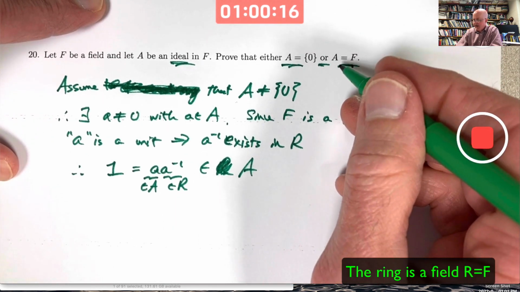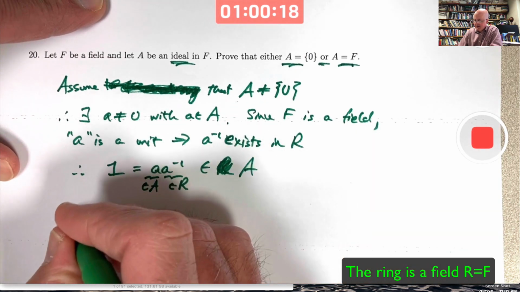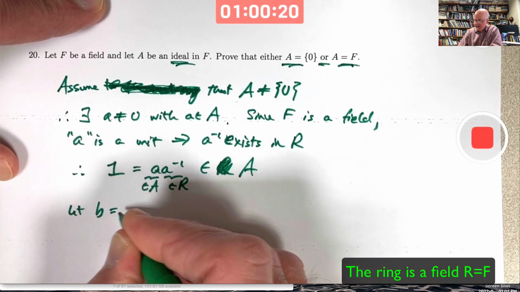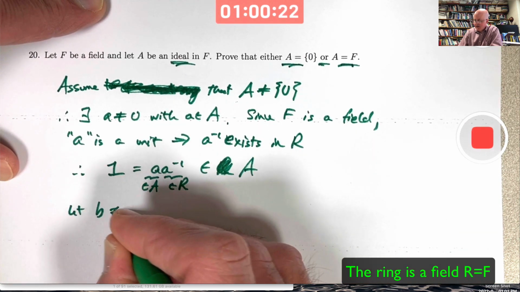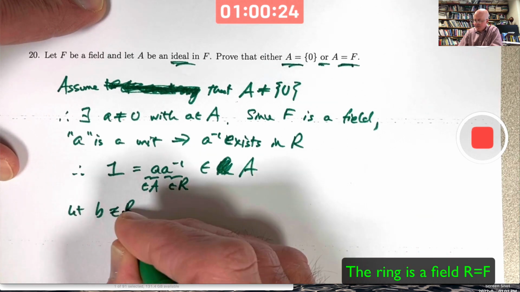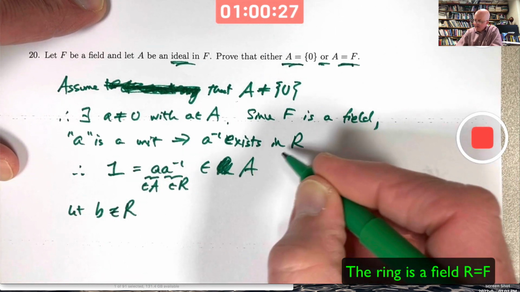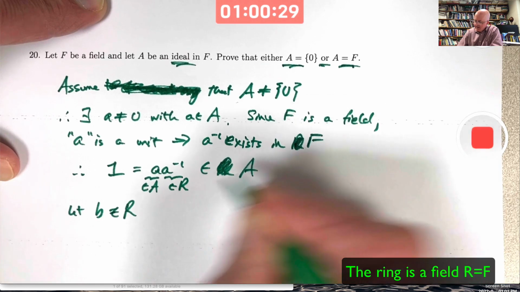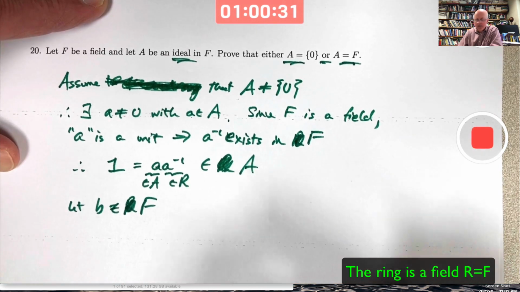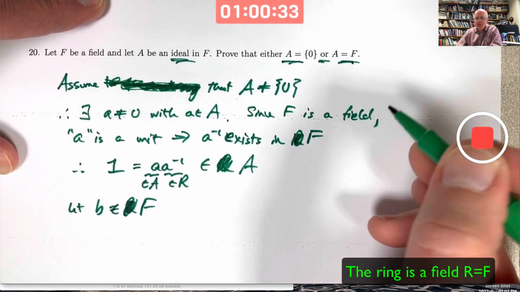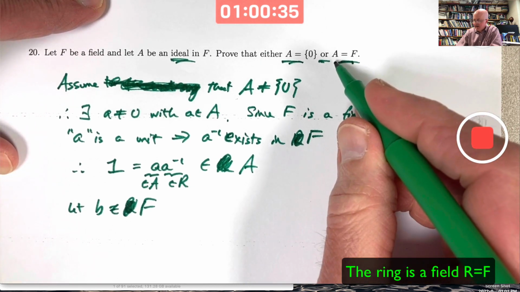We're trying to prove A equals F. Let b be an arbitrary element in the ring. In the field, R is F here. If I can show that an arbitrary element in the field is in the ideal, I'd be done.